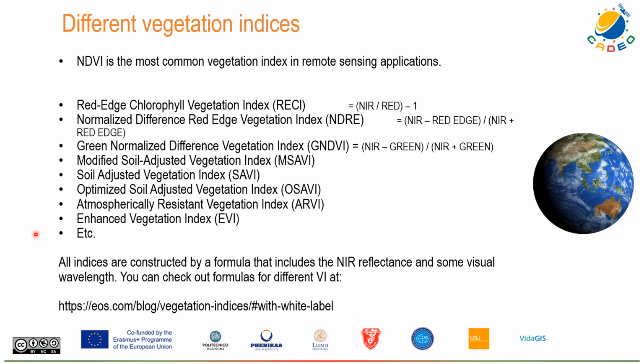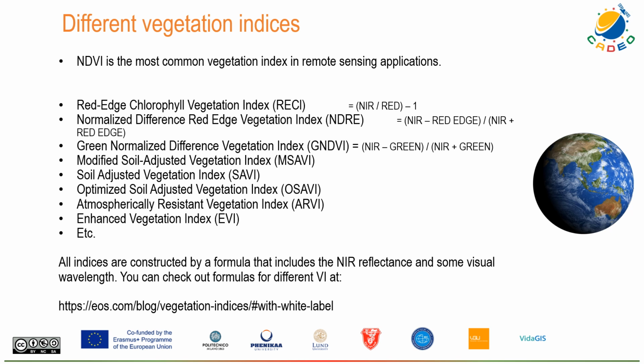You can go to this website and check out different vegetation indices and see the different formulas to construct them, and it's a good way to use multispectral image data, satellite data, and get only one value for vegetation by constructing a vegetation index.